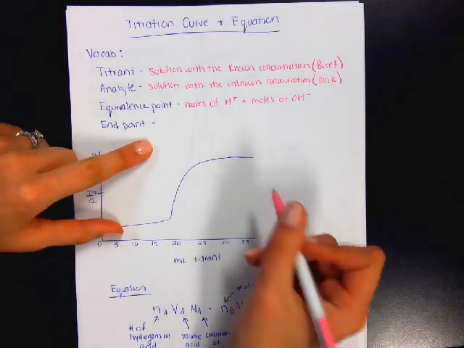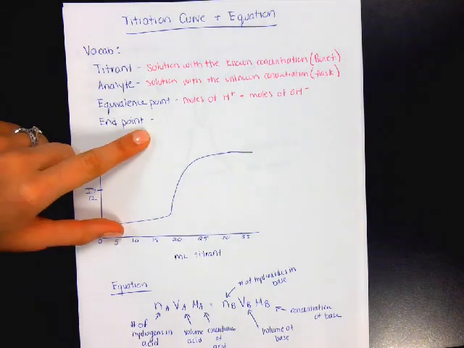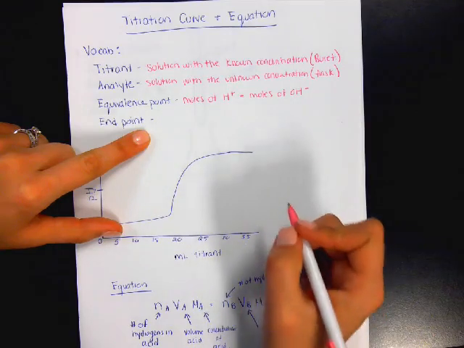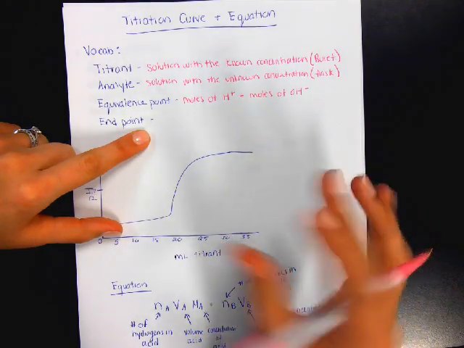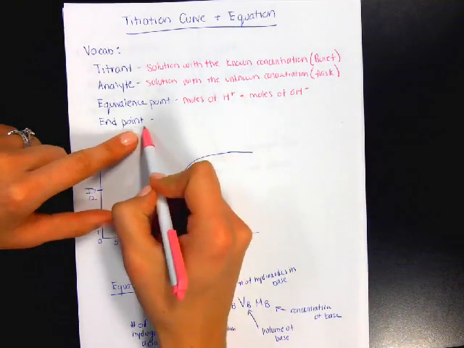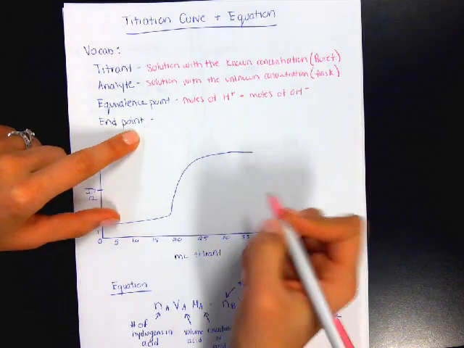And the way that you can see this is through an endpoint. What you're going to try to do is pick an indicator. Remember, our indicators of acids and bases are things that change colors when you go from acidic to basic. You're going to pick an indicator that has an endpoint really close to your equivalence point.